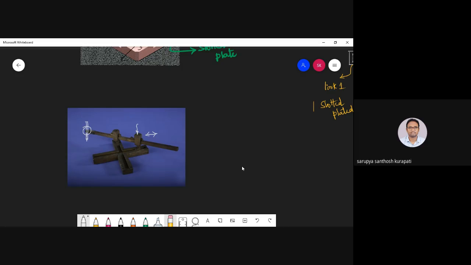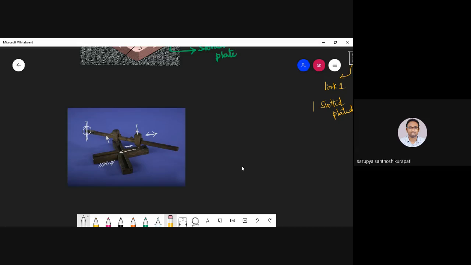When it starts rotating, what happens? Because the slotted plate is fixed, it will not move. The slider is going to translate like this. When it is coming towards here, the link connected to this slider pushes the other slider in the positive y direction.